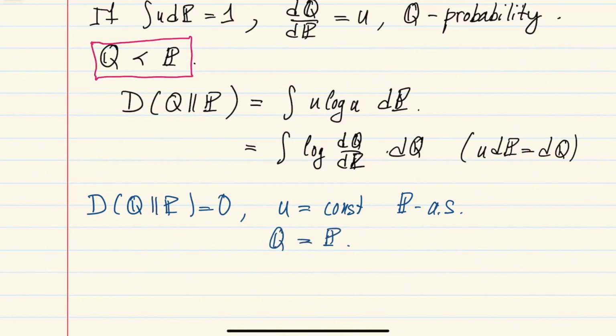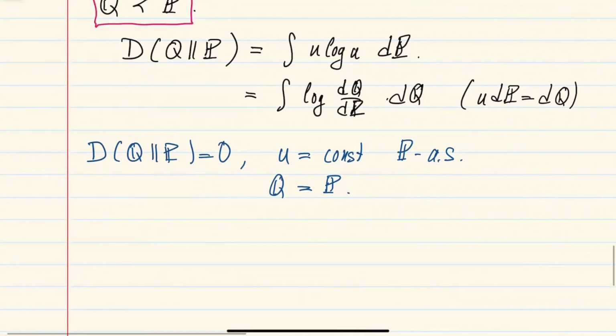So if it's a constant, the density must be equal to 1, p almost surely. And so the only way you can have this divergence equal to 0 is if these are the same measures. And so although this quantity is not a metric, it's not even symmetric, I mean, it's defined relative to this measure p, and you have the restriction that q must have a density with respect to p, this can be viewed as some measure of similarity between these measures p and q.